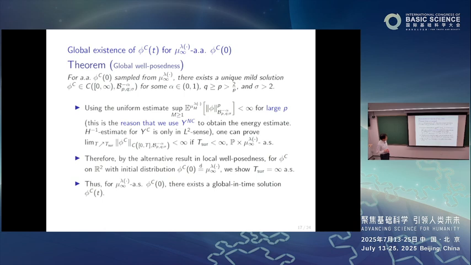But this is only almost surely, with measure 0 exceptions. Therefore, at the moment we can prove the global existence only for almost all initial values under this measure, almost surely under this measure. And then we have a unique solution of this SPDE that we can prove. So at the moment, we cannot extend to all initial values taken from this Besov space. But anyway, in a slightly weaker sense, we can prove the global well-posedness for our conservative dynamics on R2.